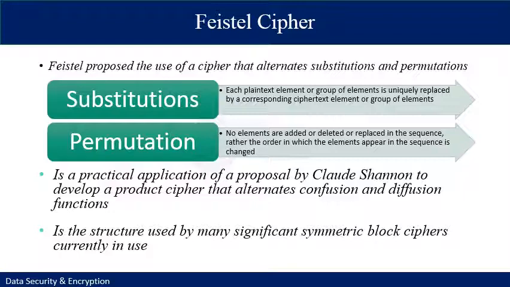The product should be such that the final result is cryptographically stronger than the individual ciphers. It means if you combine two ciphers, your end cipher must be stronger than either of the individual ciphers.